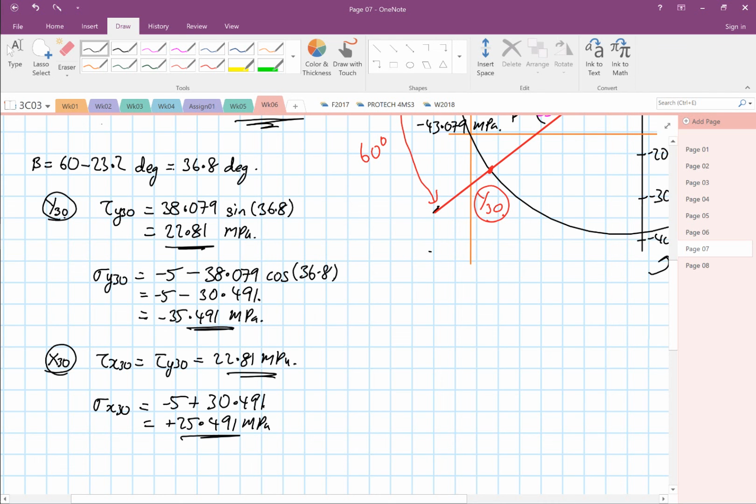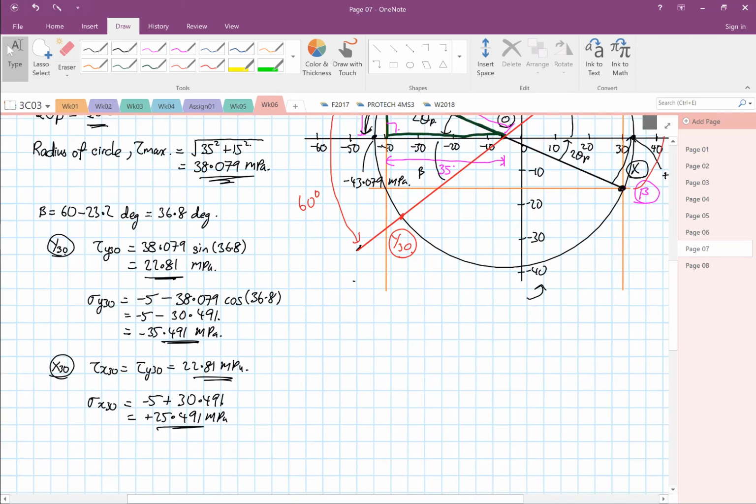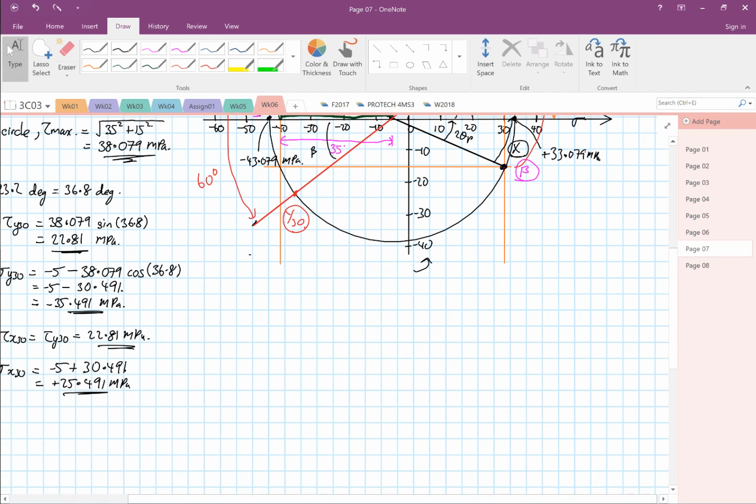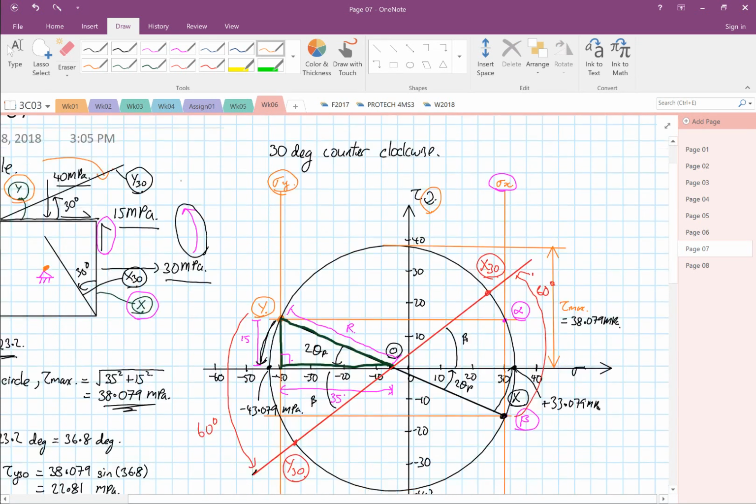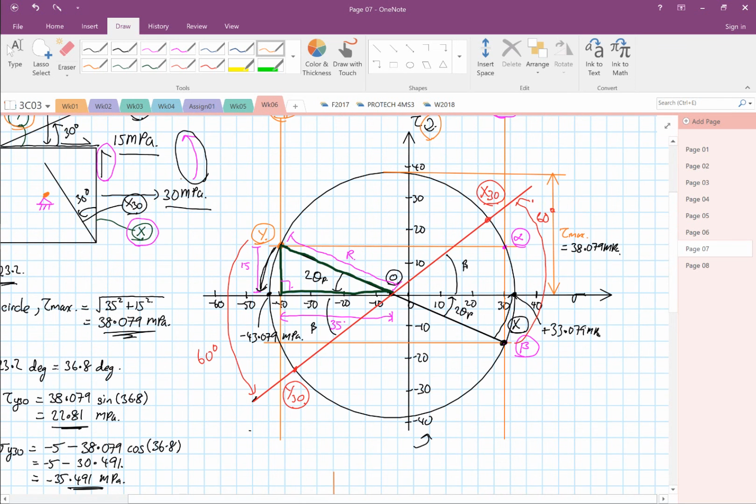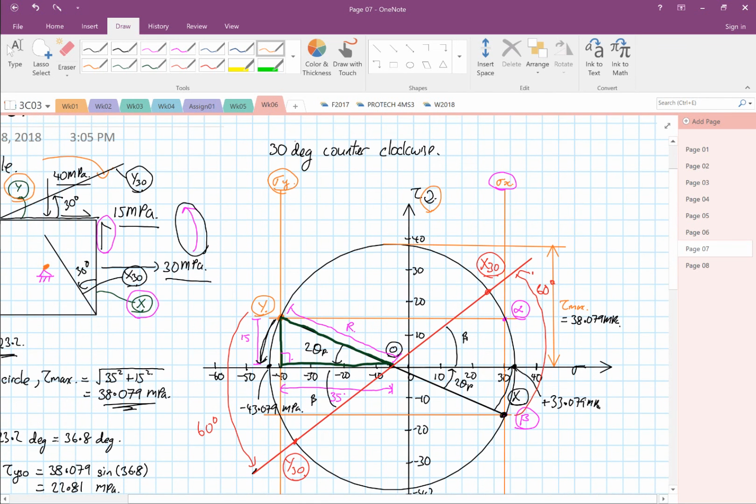Okay, so now you have all these values. Now it's time to rotate your elements again. Okay, so I'm going to have our original. Right, so this is our original. So what we're going to do now is, on the element we're going to rotate 30 degrees counterclockwise.